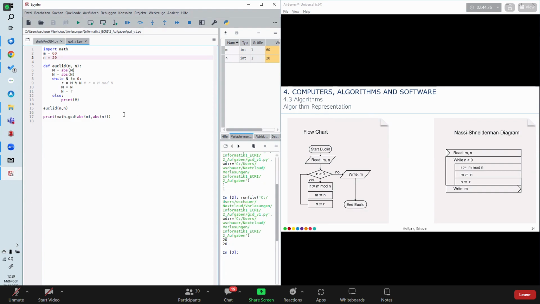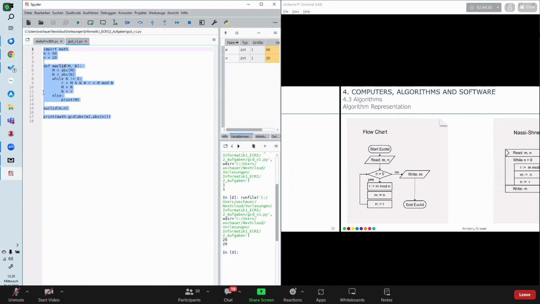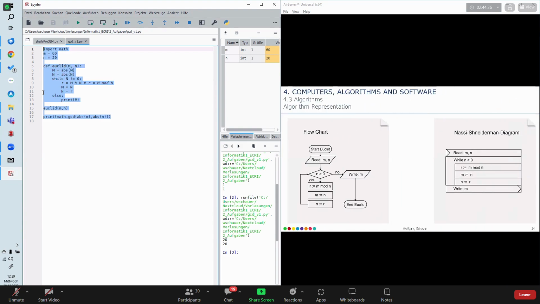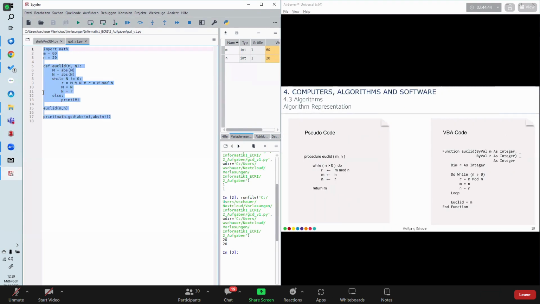And usually you are not starting with writing down here a code. You are usually starting, first of all, to describe in a textual manner what you want to have. Then you are trying to structure that with a flowchart or such a Nassi-Shneiderman diagram. Then you can create a pseudocode. That's still the planning phase.